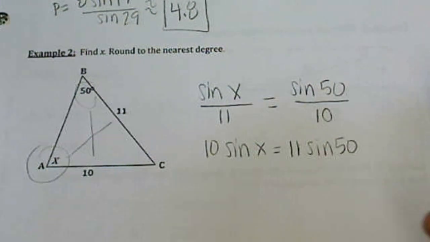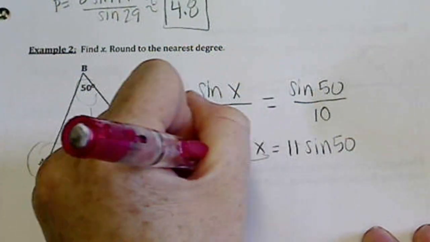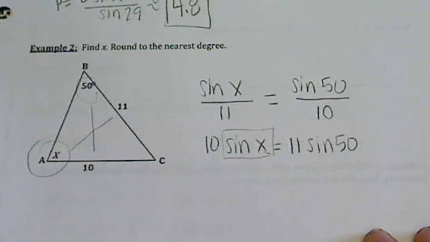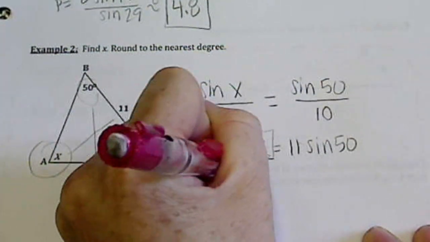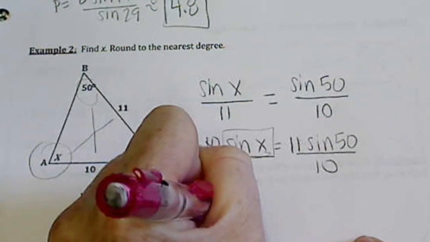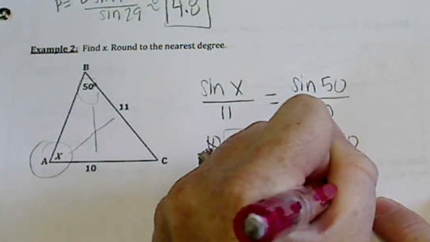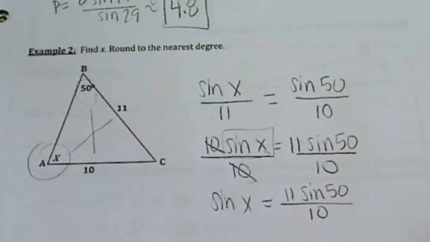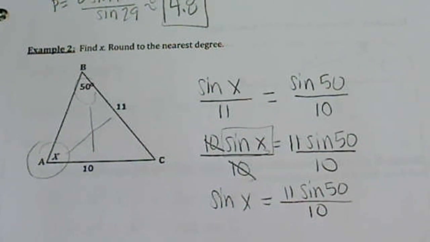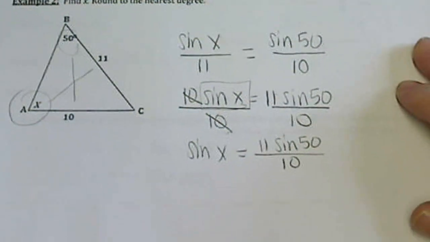We need X by itself. Now remember that sine of X is a package deal, so this is kind of together. So let's divide by 10. Okay, I get the sine of X equals 11 sine 50 divided by 10. Remember, last lesson we talked about if you want to find an angle, you need to use inverse sine.